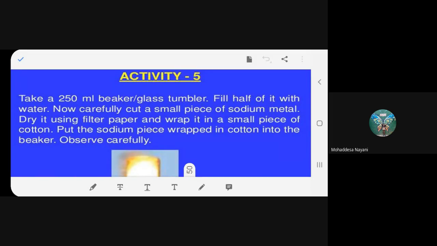Take a small piece of sodium metal, you can cut it with scissors, I told you already. Then you dry it with filter paper and take a cotton and put that small piece of sodium inside the cotton. Put this cotton with the sodium piece into the beaker and see what happens.